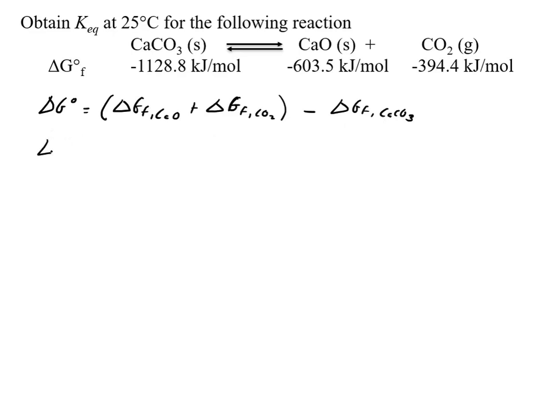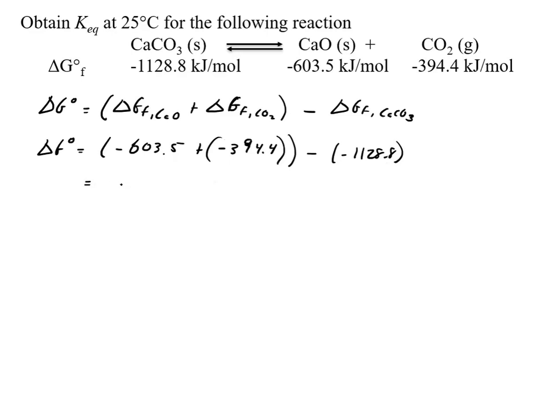Okay, I've given you those values already, as I will do on the test. So this is going to be a negative 603.5 plus a negative 394.4 minus a negative 1128.8.